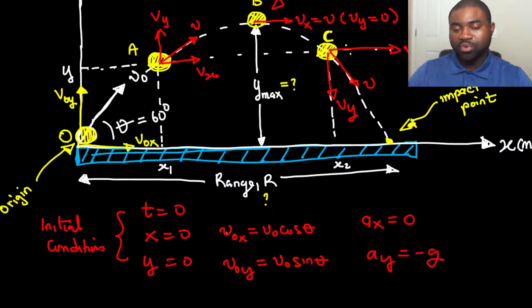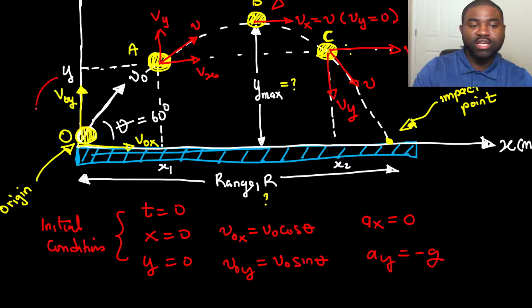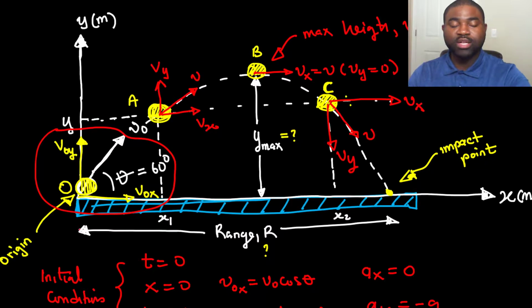Now for some of you, you may be confused as to how I came up with both the vertical and the horizontal components. If you look carefully right here, you would notice that we could form a right-angled triangle, in which case this will be v0, this is v0x, this is v0y. This angle right here is theta.